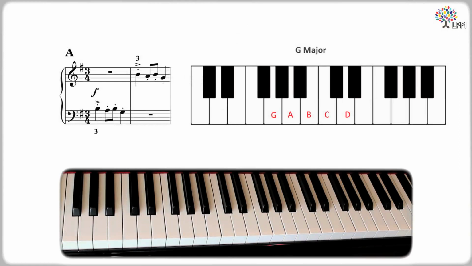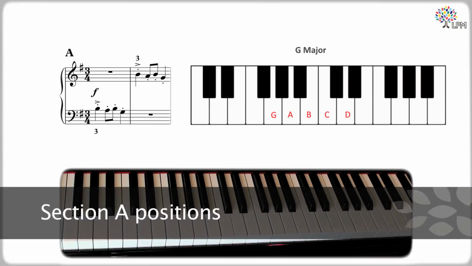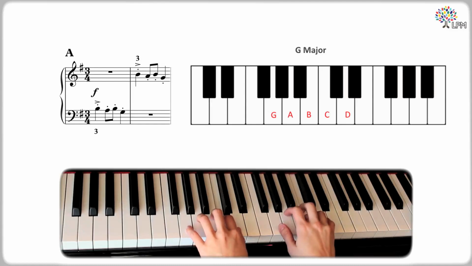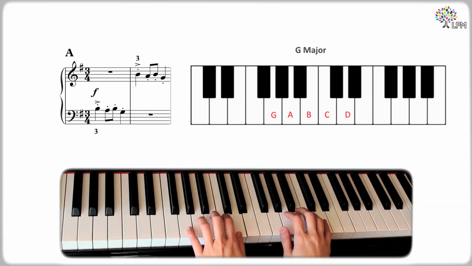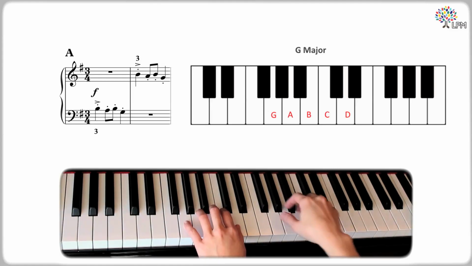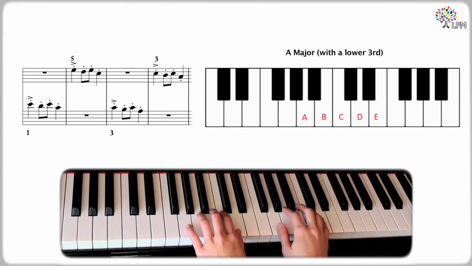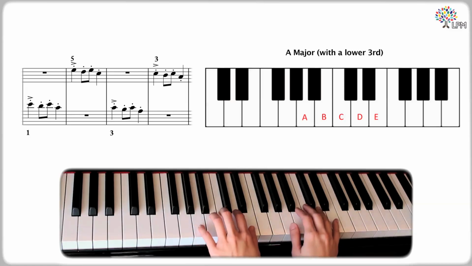The first 2 measures are in G 5-finger position. The next 4 measures then move up to A 5-finger position with the lower third.